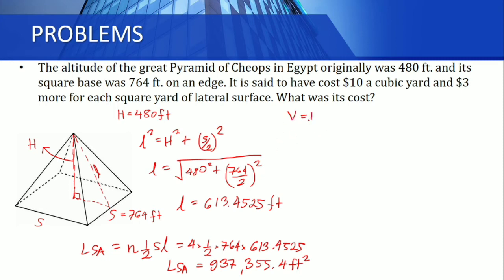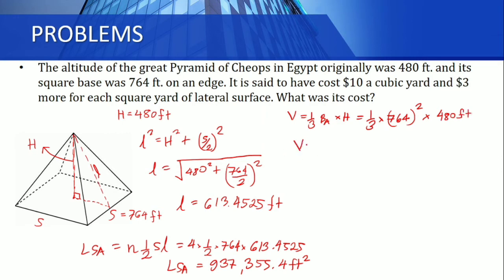So yung volume naman natin will be, volume is equal to 1/3 times base area times the altitude or yung height natin. So that will be 1/3 times yung base area natin, 764 squared, times yung height natin, so that will be 480 feet.